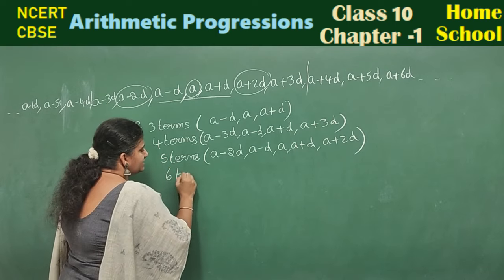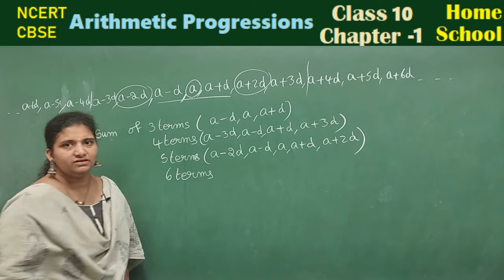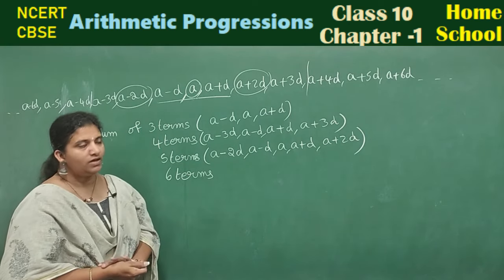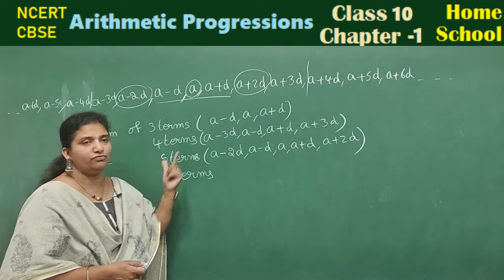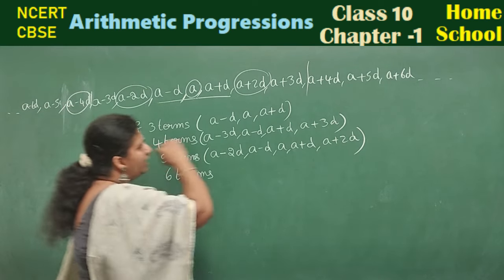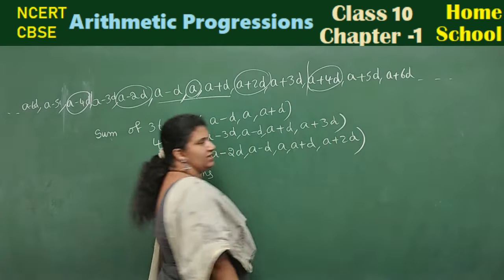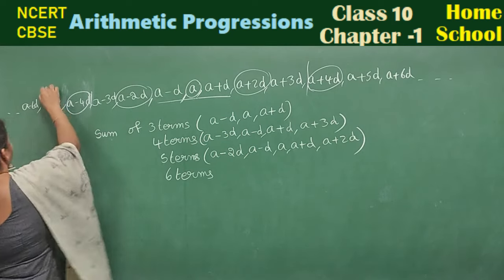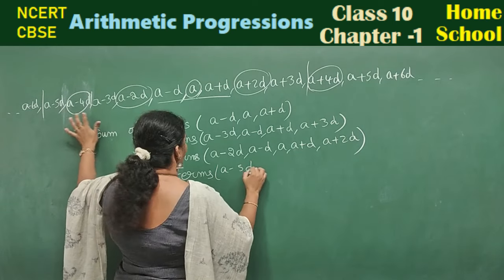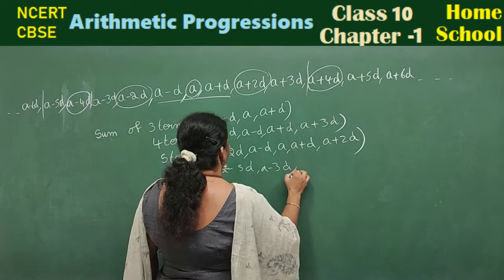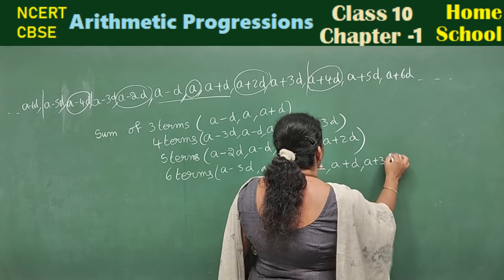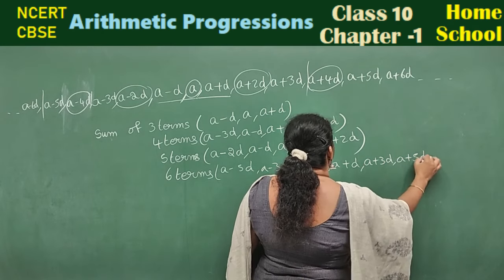Suppose 6 terms, how can I take 6 terms? I cannot take A again, it won't come in the middle. In the same manner as I did for 4, I skip A minus 4D and A plus 4D. So the terms I am going to take are A minus 5D, A minus 3D, A minus D, A plus D, A plus 3D, A plus 5D.